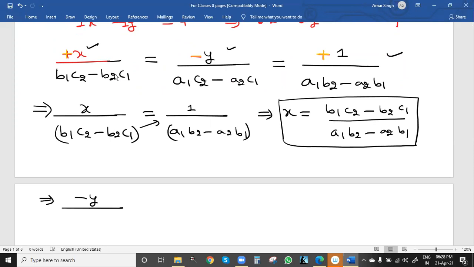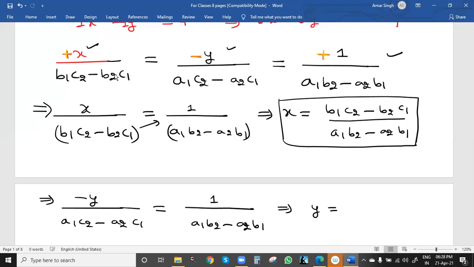So minus 1 minus y by a1 c2 minus a2 c1 equal to 1 by a1 b2 minus a2 b1. So y we can write as, see, minus sign is there. For removing the minus sign, we can multiply minus on both numerator and denominator in this term.